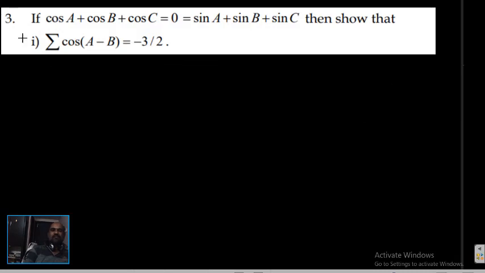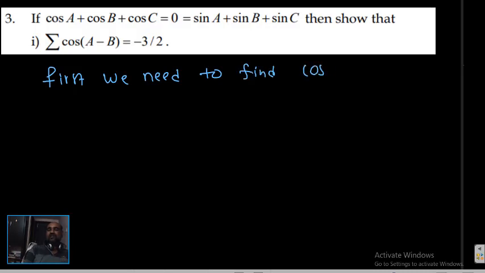Students listen. First of all I want to find the value of cos of (a minus b). After that I will find cos of (b minus c) and cos of (c minus a) separately.